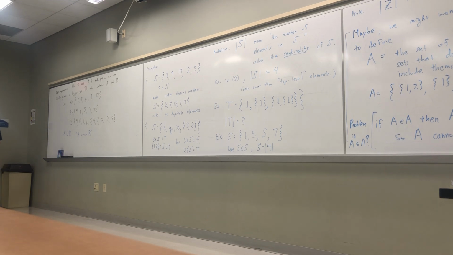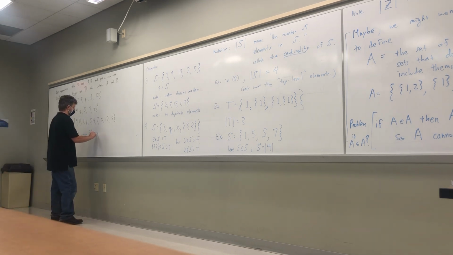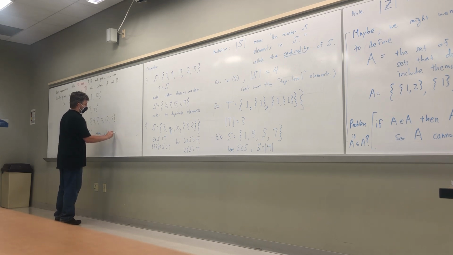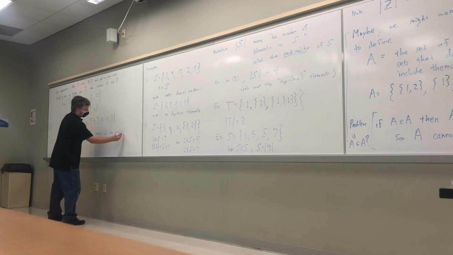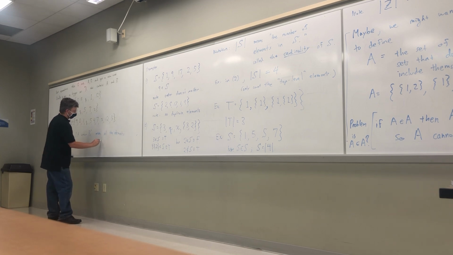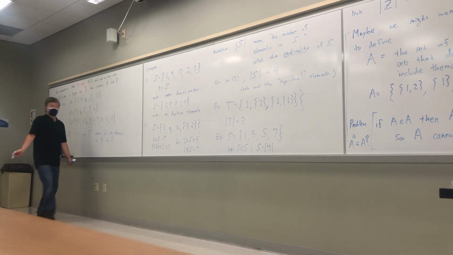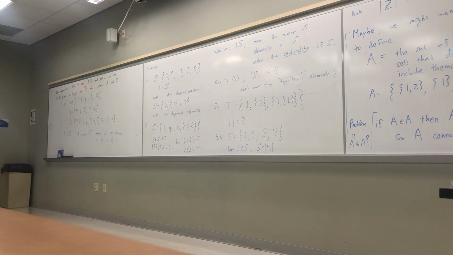And it means all of the elements that are in either A or B. Now, it's not exclusive OR. It's all the elements in A or B, just regular OR.